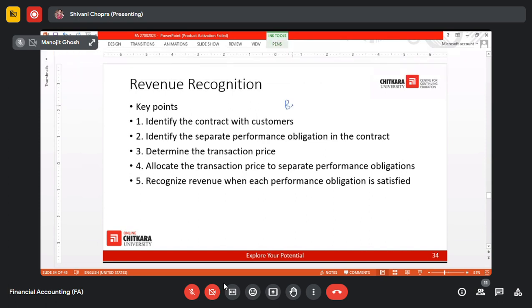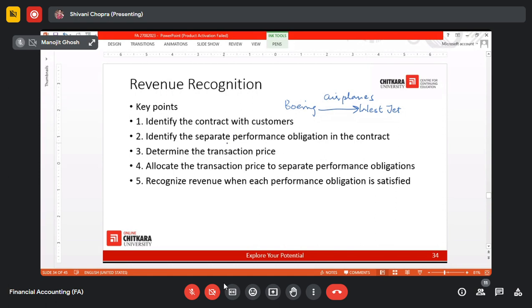One is Boeing, another one is WestJet. So Boeing said it will be delivering airplanes to the WestJet. Okay, this is the contract. And who is the customer in this case? In this case, the WestJet is the customer.